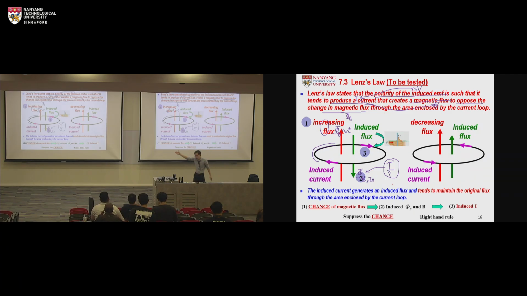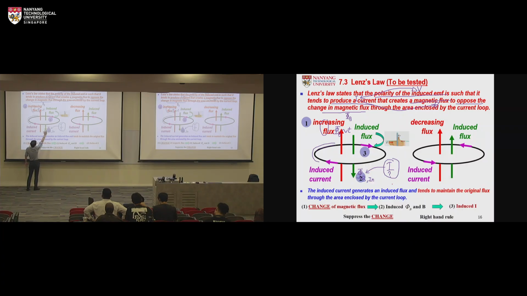Of course, you can try, let's say at this point, assume the current flows in this direction, and you will find out inside the loop it's going to be pointing up, which is not the flux you need.